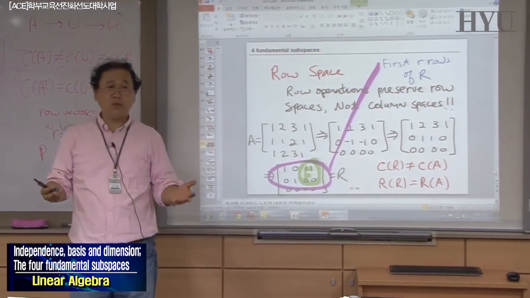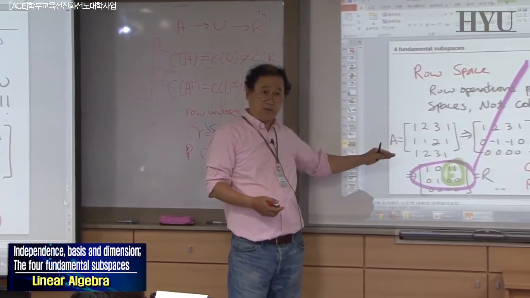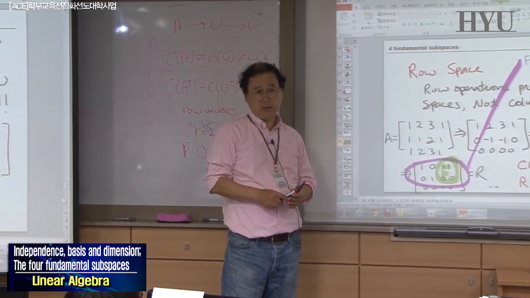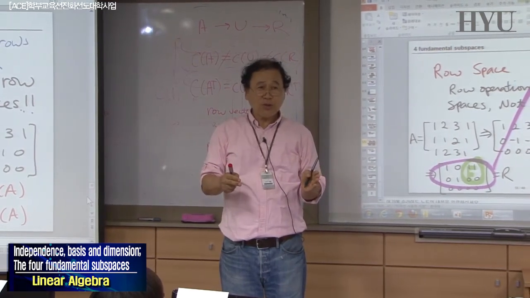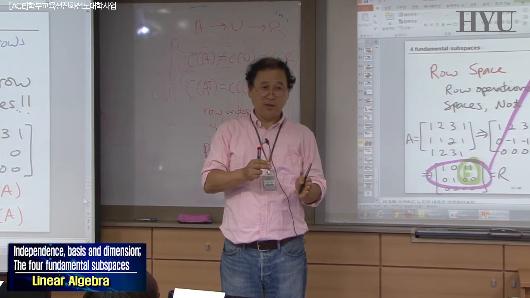Do they form the same subspace or not? Their bases are different, right? But it's still the same space, because when you have one space, you can choose any set of independent vectors. It doesn't have to be unique.